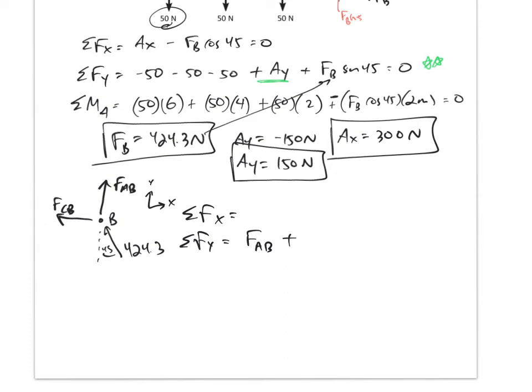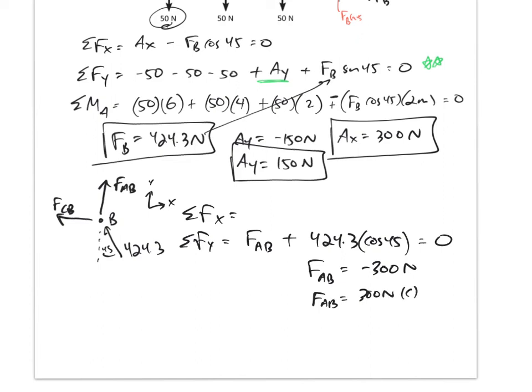So FAB is going up, and 424.3 cosine 45 is going up, so that equals 0. So FAB is negative 300 newtons. So FAB is 300 newtons compression.